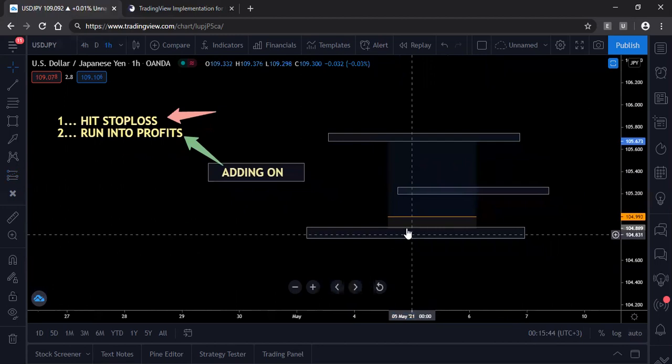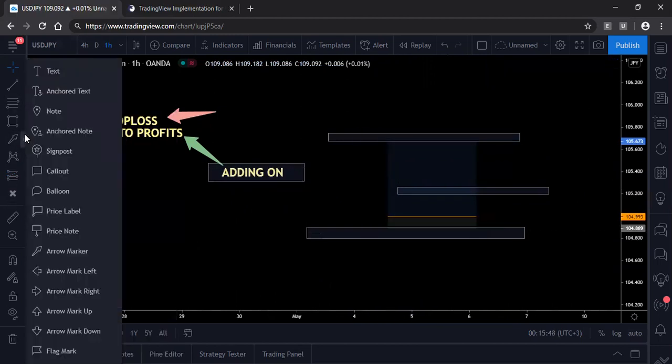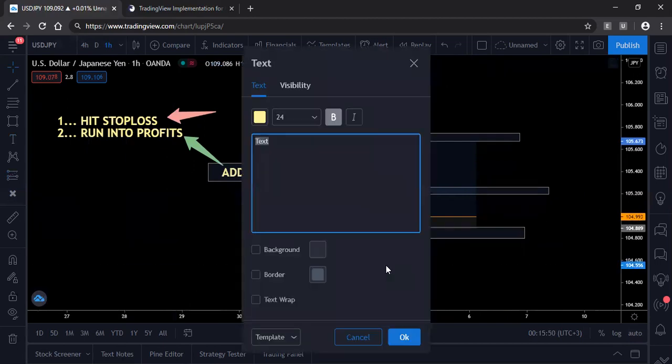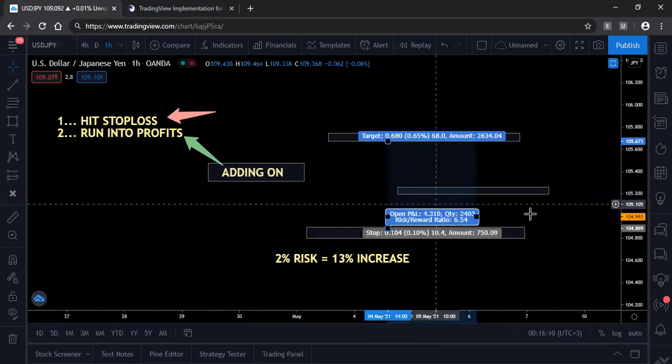That means in this trade, if it plays out perfectly, how much are you going to make? Let's say you risk 2%, maybe a 2% risk, right? It will equal a 13% increase in your margin if you take this trade here, right?